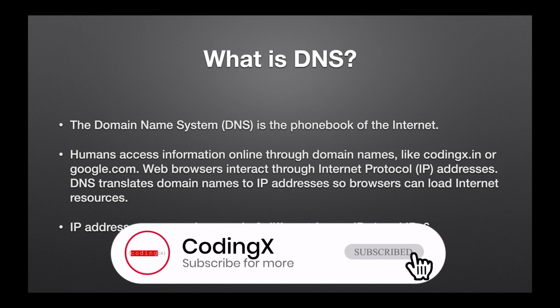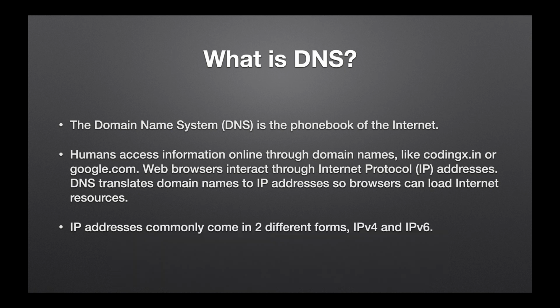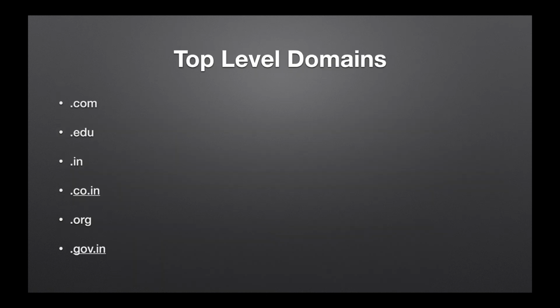Let's understand one more term associated with DNS, that is top level domains. If you look at google.com, amazon.com and my domain codingx.in, domain names are separated by dots. The last word in a domain represents the top level domain, that means .com, .edu, .in.